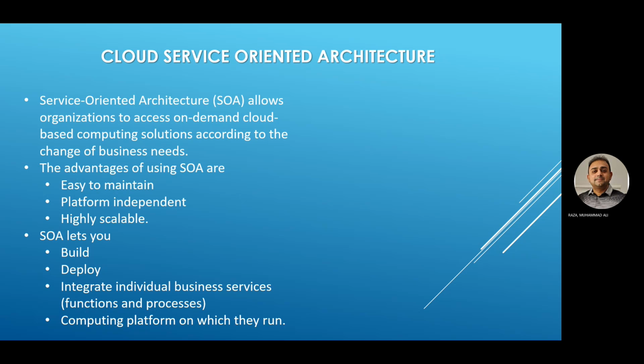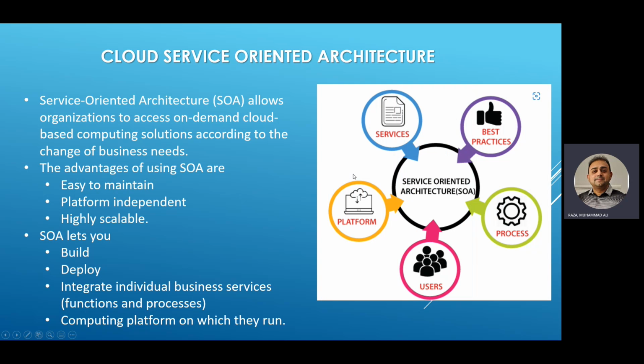Cloud service-oriented architecture. You see how it's going to provide benefits to us. Basically our services, processes, users, and platform are going to interact with each other by following the service-oriented architecture. It allows organizations to access on-demand cloud-based computing solutions according to changing business needs.